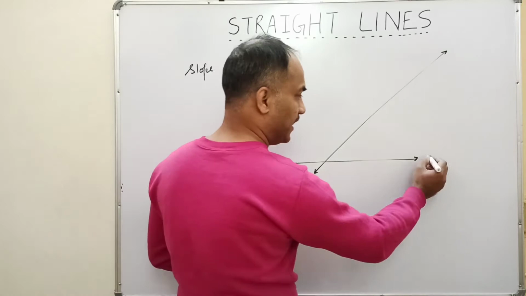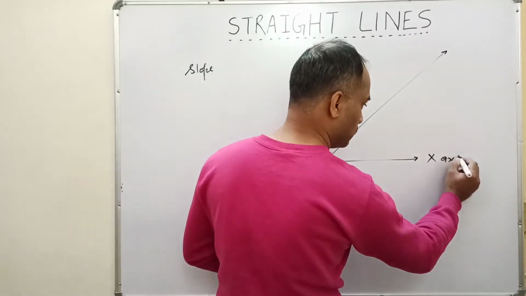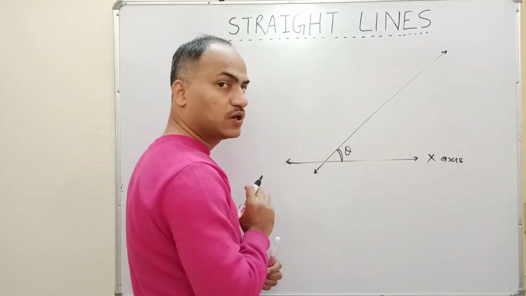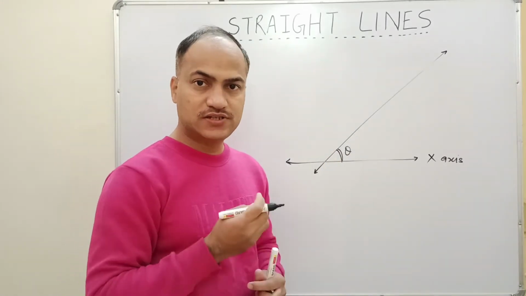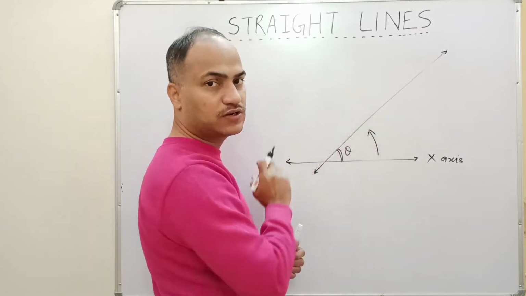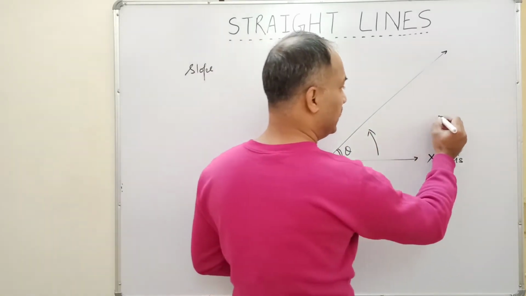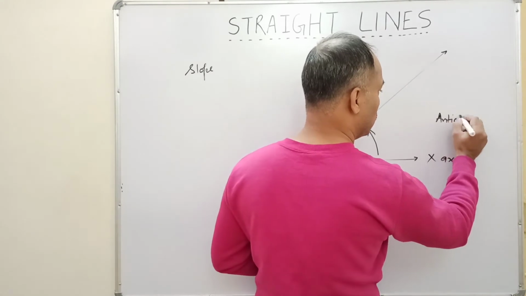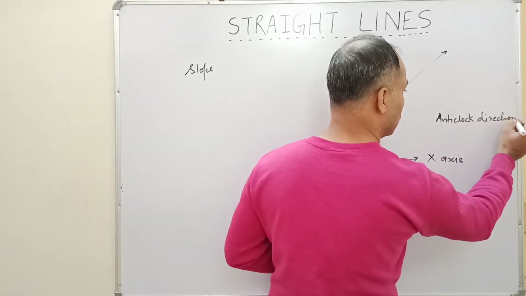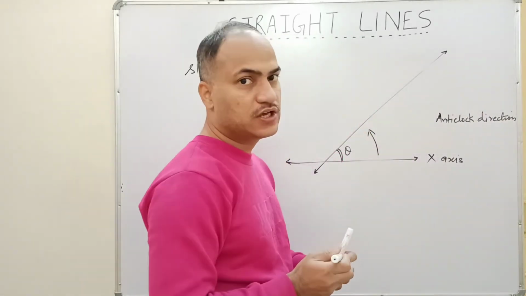Suppose this is x-axis and this angle is theta. Okay, whatever is the value, theta is just a variable. And remember, we have to measure the angle in anti-clock direction. ठीक है? Anti-clock direction में measure करना है angle. ये important है.